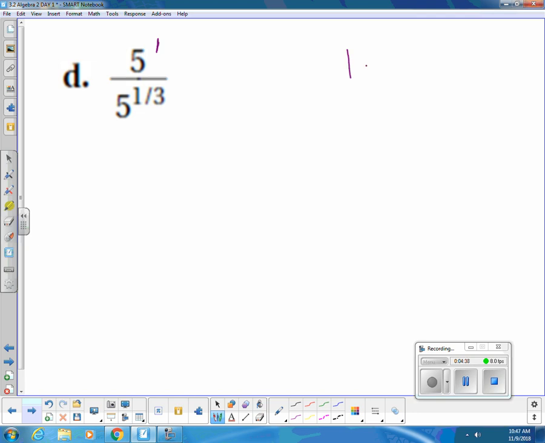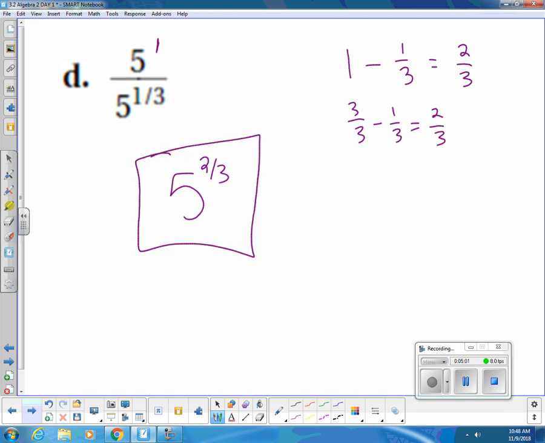So you're going to do 1 minus 1/3. Put that in the exponent position of the 5 and put it in the numerator. So what is 1 minus 1/3? It's 2/3. It's technically 3/3 minus 1/3, but yeah, it's 2/3. So the final answer is 5 to the 2/3 power, and it's up in the numerator position because that's where the biggest exponent originally had lived.